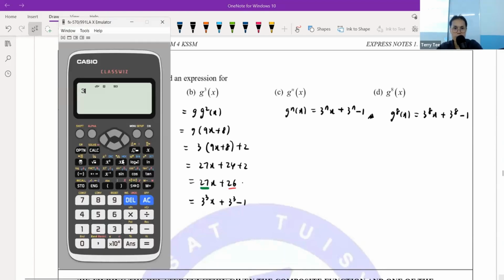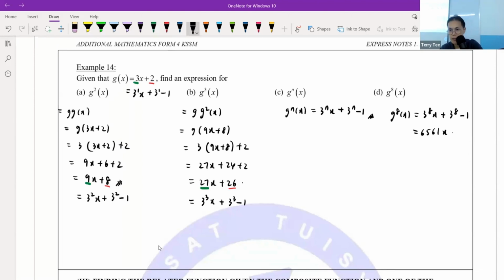What is 3 power 8? 3 power 8 is 6561. So this is 6561x. 6561 minus 1 is 6560. There you go. That's your answer.